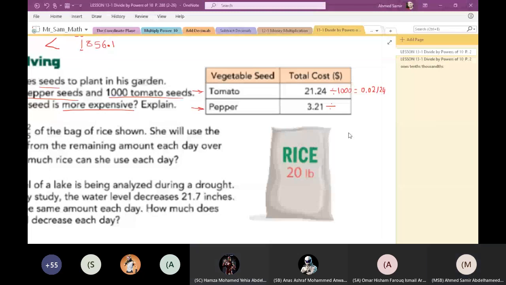Okay. So we have 3.21 divided by 100, which is the number of pepper seeds he bought. So 0.321. We will move the decimal 2 times to the left. It will be equal to 0.0321.